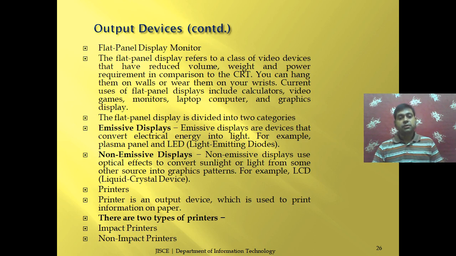Basically, emissive display devices convert electrical energy into light. That is the main concept of an emissive display device. And if we convert it into light, then it's easily possible to display a picture using light intensity.